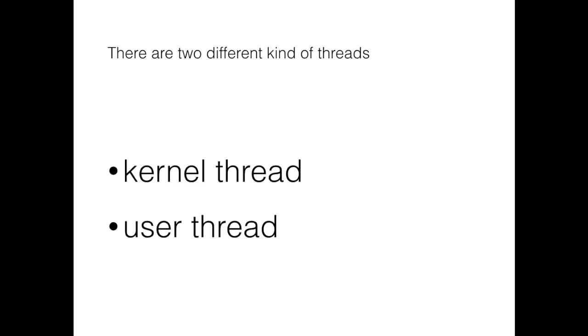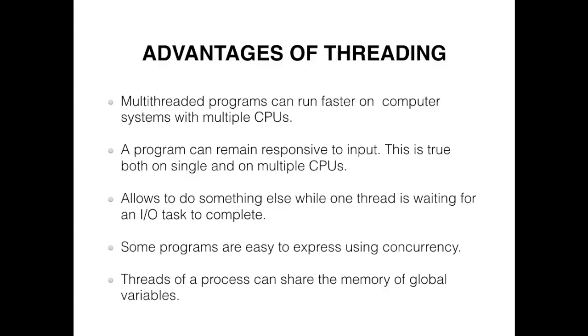The user space threads can be seen as an extension of function concepts in programming languages. Each process has at least one thread and that is the main thread. So if you don't even create a thread inside a process, it has at least one thread and that is the process itself.